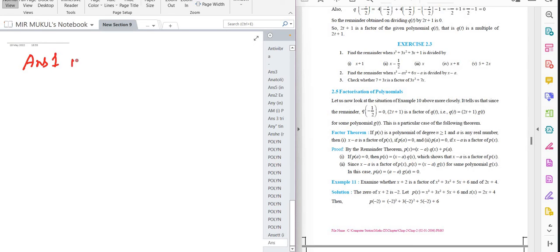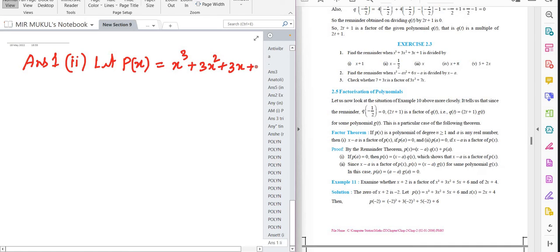Answer 1, second answer. Again you will write, let P(x) equals x cube plus 3x square plus 3x plus 1. Okay. So here we are dividing by x minus 1 by 2.